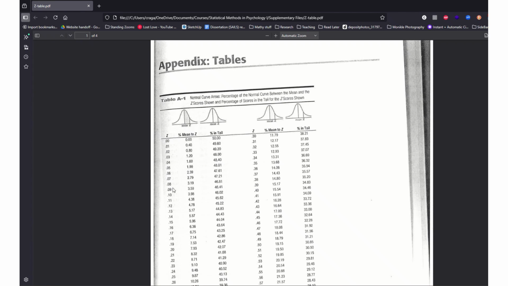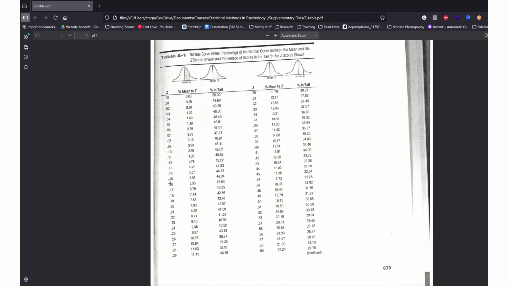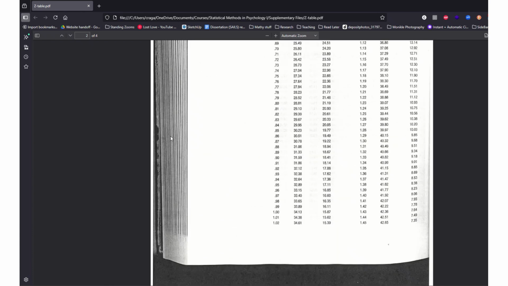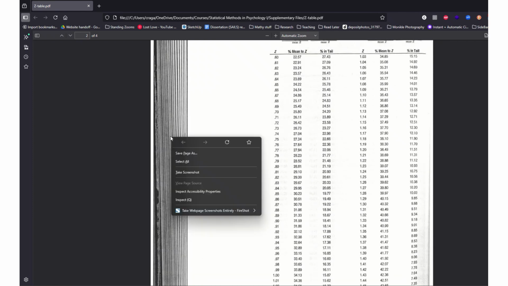Many z-tables are different, so please, please, please make sure to check to see how that particular z-table should be used. But once you figured that out, the only other thing you need to know is what your z-value was, what that z-score was. You take the z-score and you'll go down that left column until you find it. In our earlier example, we had a z-score of, I believe, 1.13. So I'm going to have to scroll for a little bit because these are just 0.11, 0.12. Let's keep scrolling. All right.